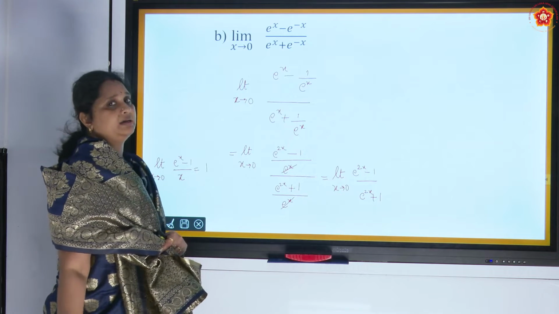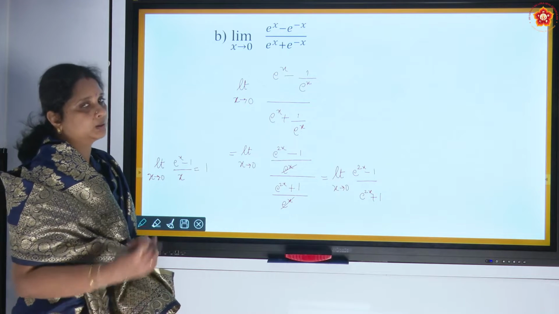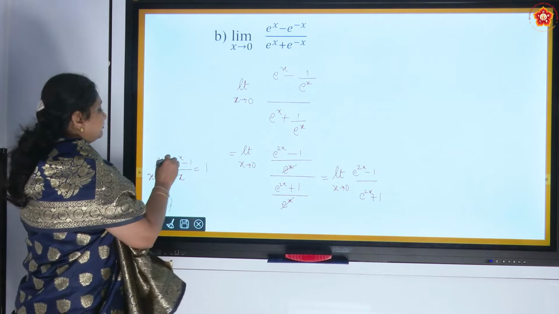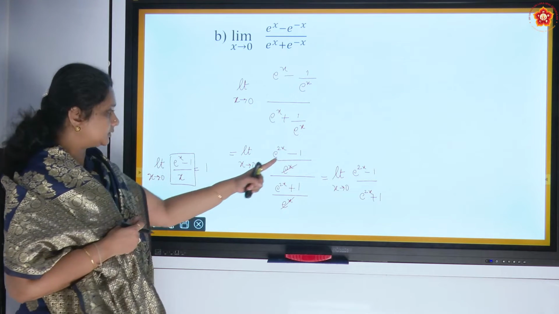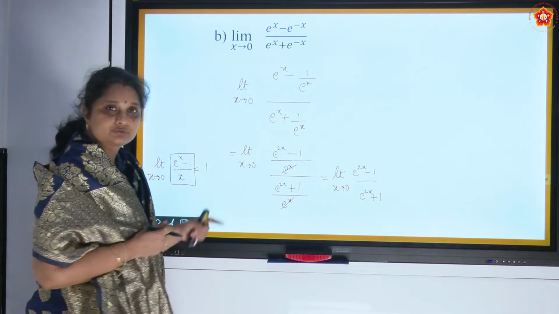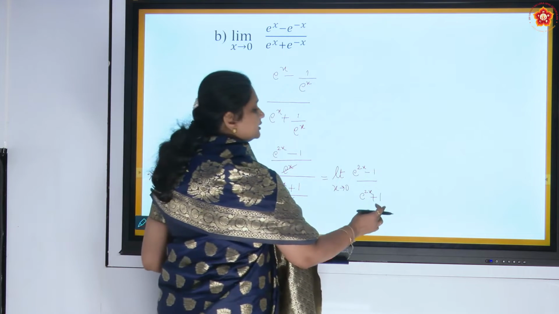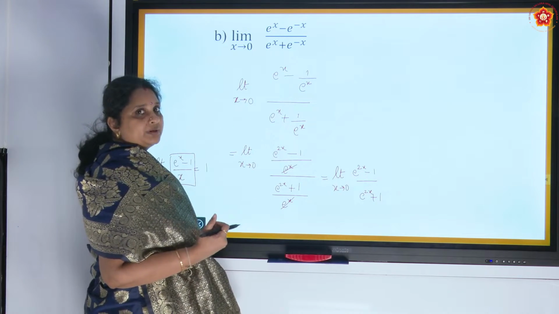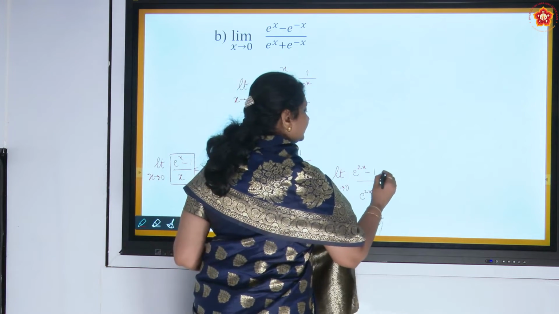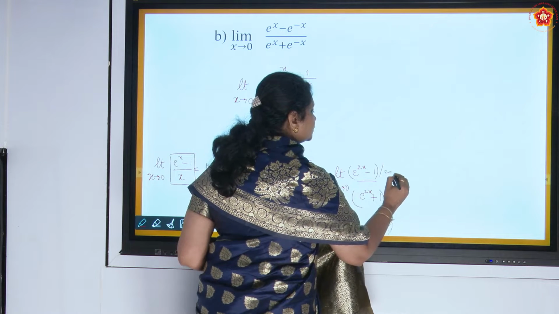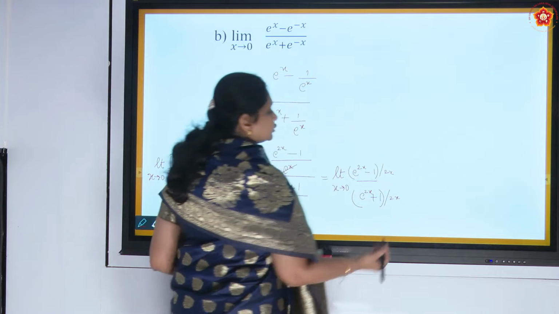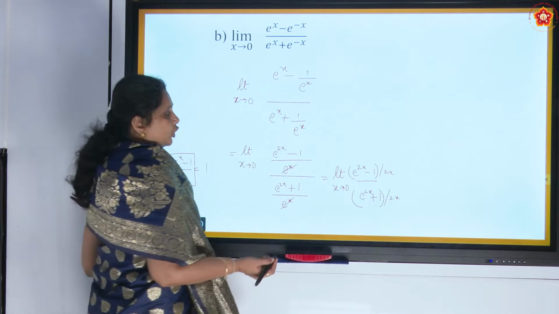Now, again, I cannot apply any of these formulas, okay? But if I have it of this form, I can do it. So, I need a 2x on the denominator for me to convert it into this form, right? Both the numerator and the denominator should have 2x on its denominator. So, I'm going to divide both the numerator and the denominator by 2x. Whatever I do to the numerator, I can do to the denominator, right?